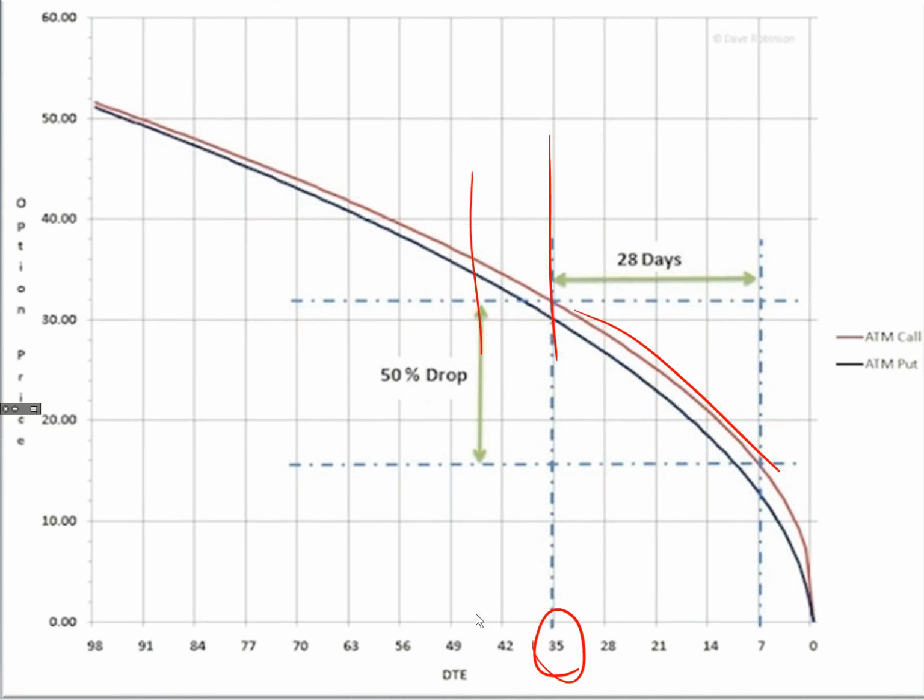Forty-five days is also definitely in that wheelhouse. But you can see that inside of 35, it really starts rapidly decaying. So if I'm selling premium, I want that thief in my back pocket, so around 35 days to expiration is my key.